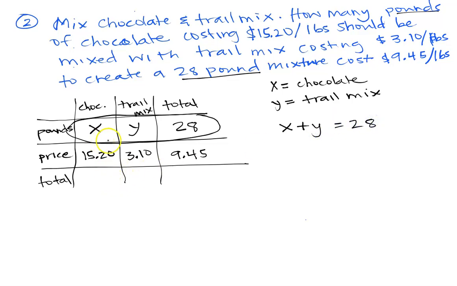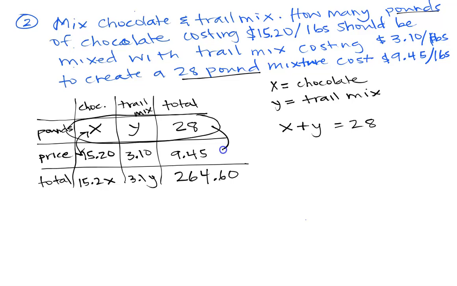And then for our last equation, we're going to multiply the first and second rows together. So 15.2x and then 3.1y. And to get this number, I need to multiply 28 and $9.45, which I think is $264.60.